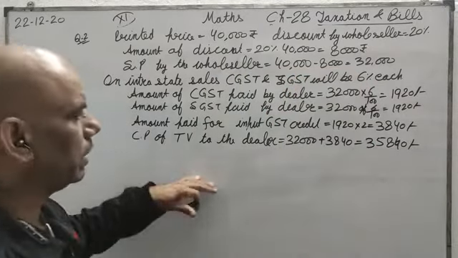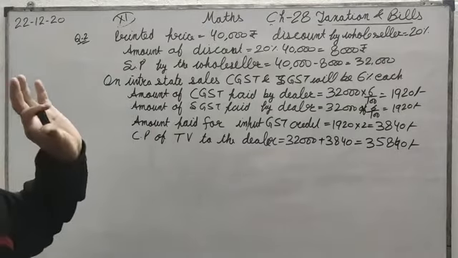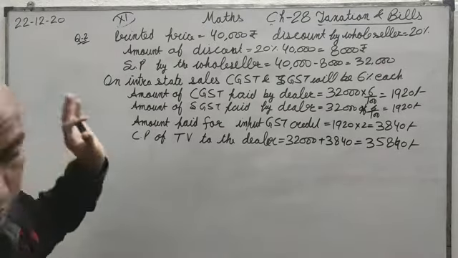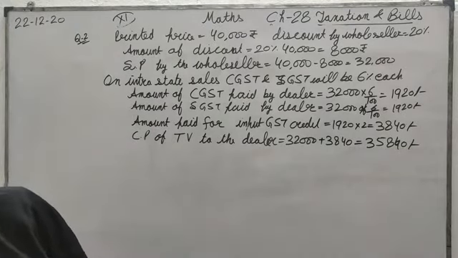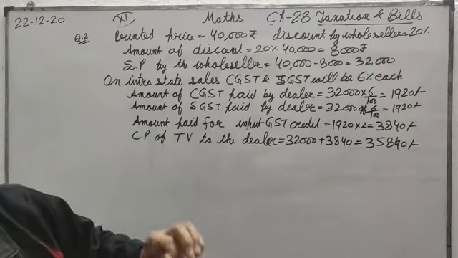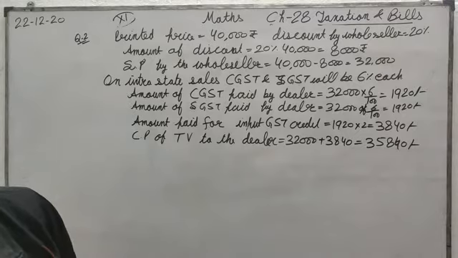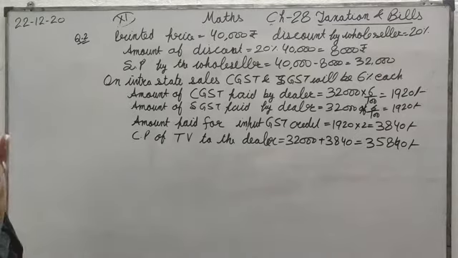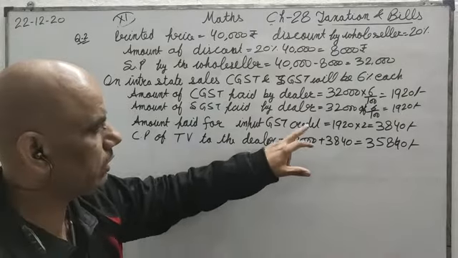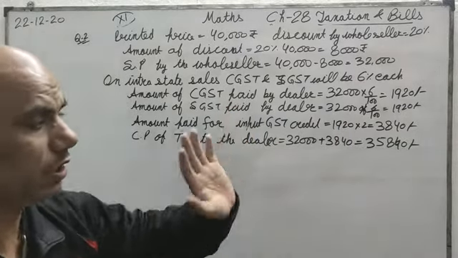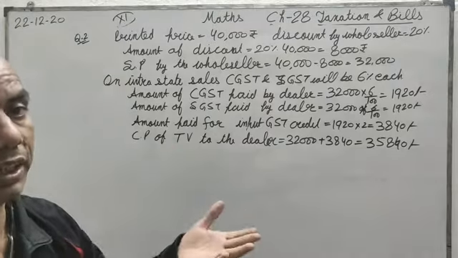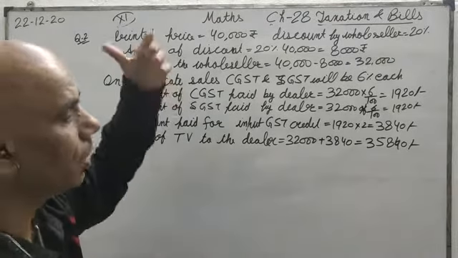This much the dealer has paid to this wholesaler, and this is the answer of our first question. The price including GST at which TV set was bought by the retailer. ठीक है. The price at which consumer bought the TV set. The GST paid by the retailer, that we have got here. The GST paid by the retailer is, no, that is not. This is not the GST paid by the retailer. This GST is paid by the wholesaler.